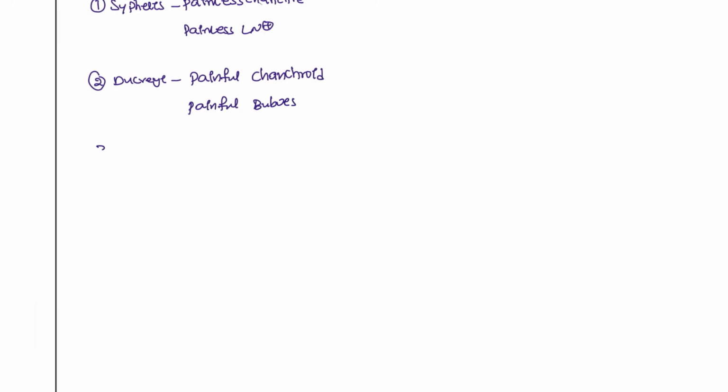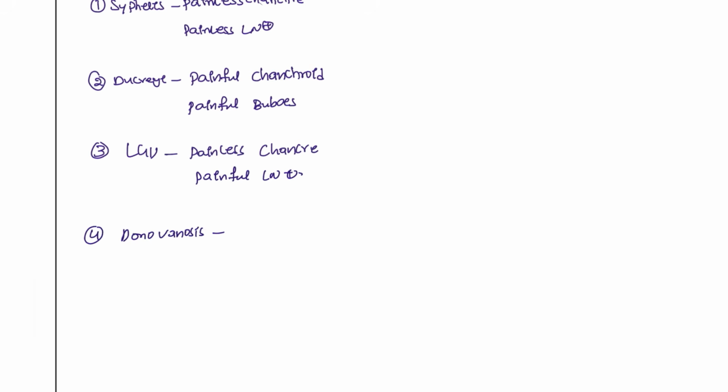Next, the third one, LGV. This is due to chlamydia, and here there is a painless primary chancre, and there is a lymphadenopathy, but the lymphadenopathy is painful. Fourth one is donovanosis.